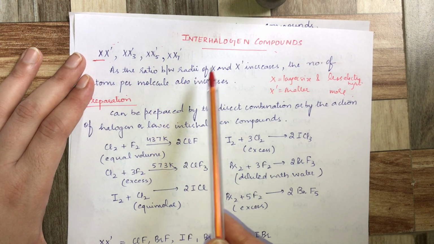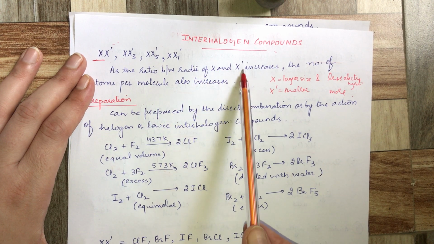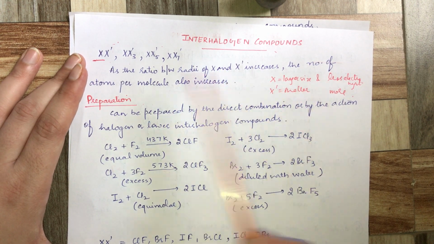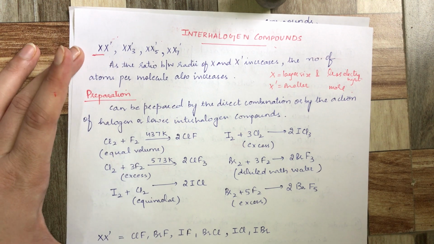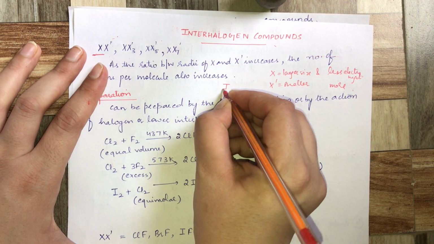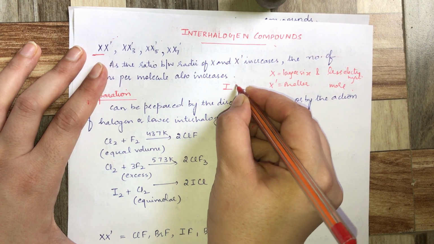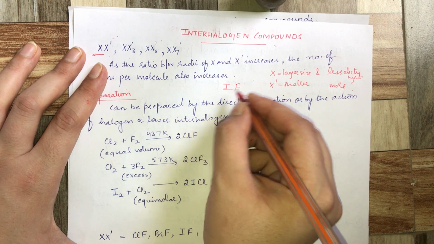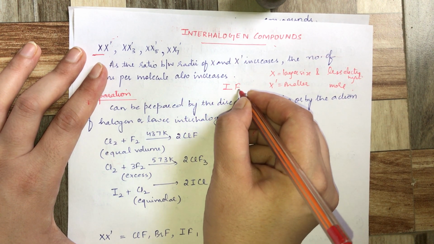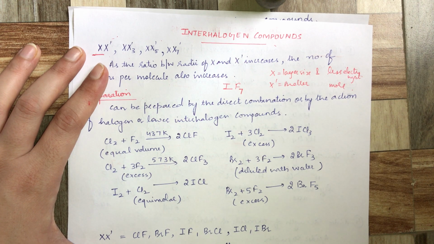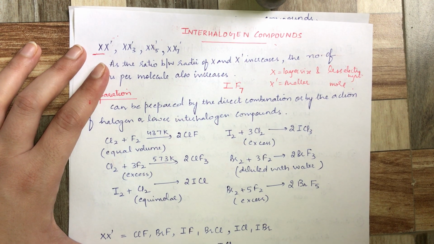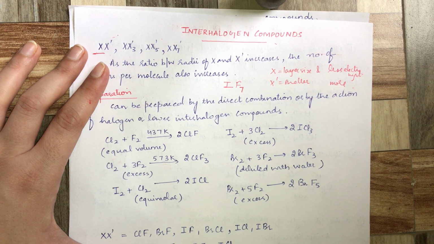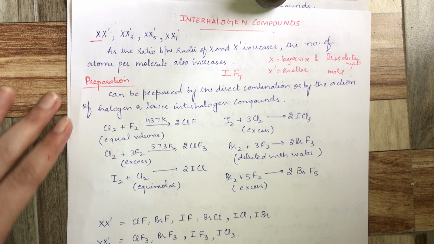As the ratio between the radii of X and X' increases, the number of atoms per molecule also increases. I is the largest in size, F is the smallest, so their size difference is large, hence IF7 can exist. But ClF7 does not exist because Cl and F have no large difference in their size.